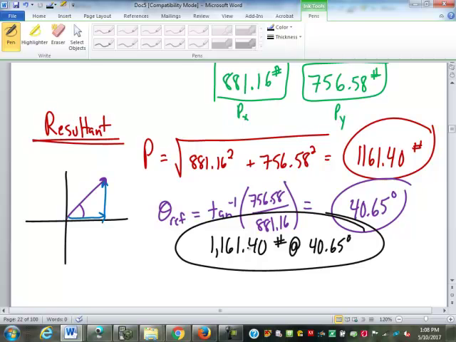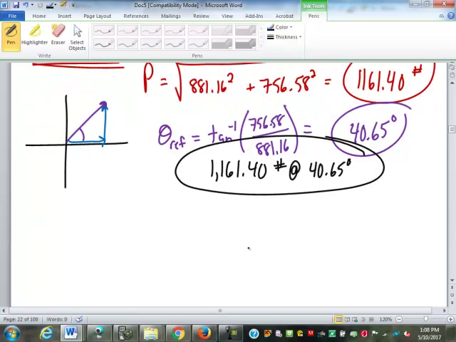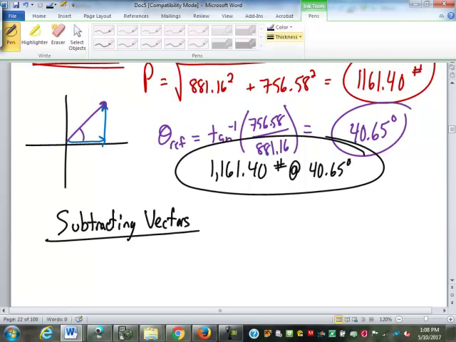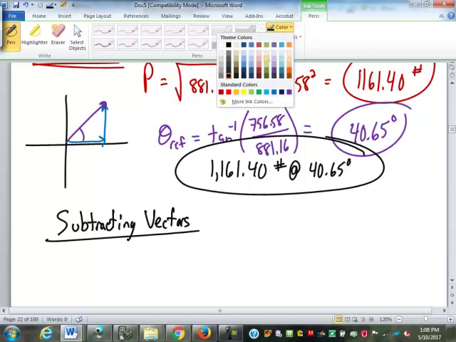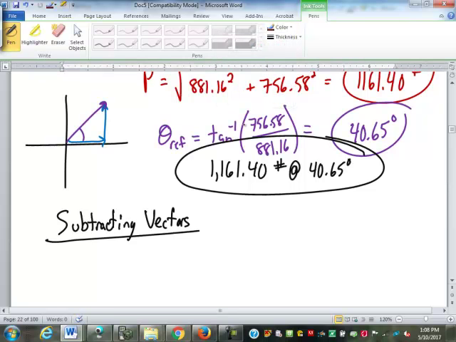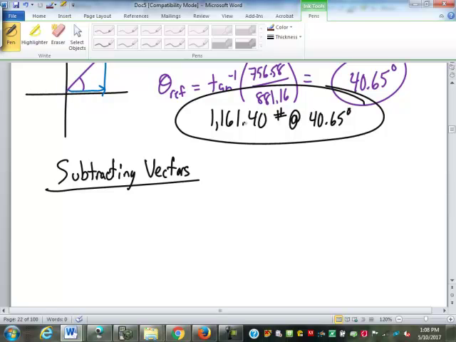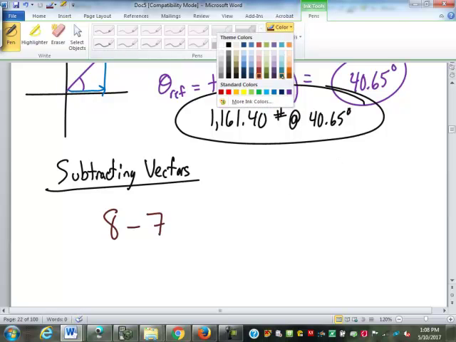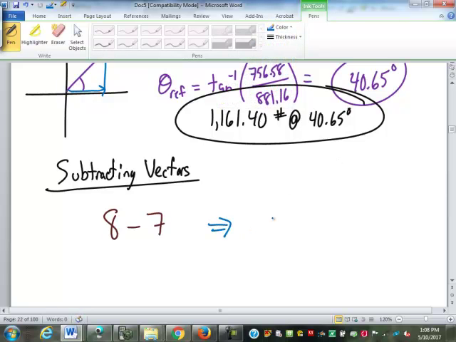So now the question is, what becomes of subtracting vectors? This is why, when I talk about integers, I stress that you never subtract integers. If we had 8 minus 7, that really is 8 plus a negative 7, right?